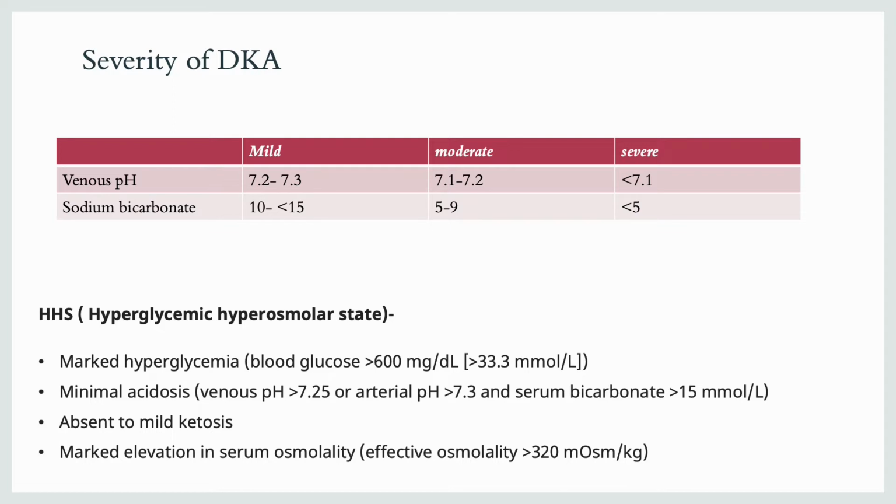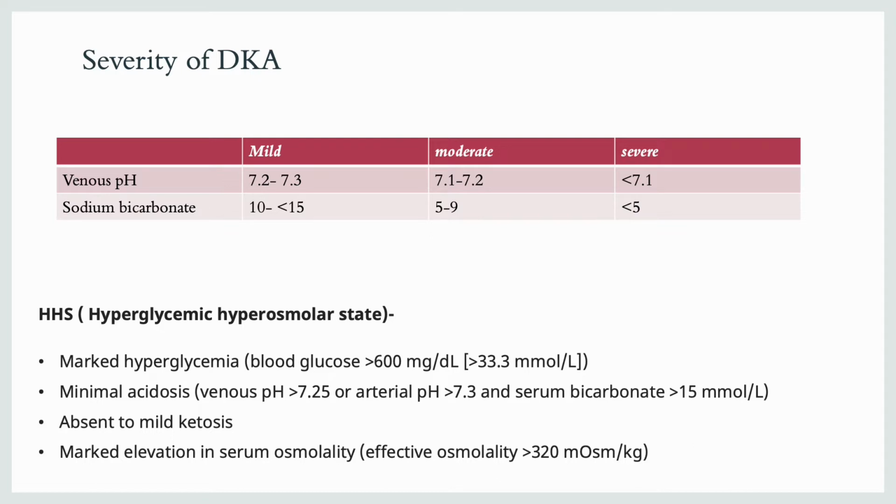So there is another entity just like DKA, which is called hyperglycemic hyperosmolar state. But there is a slight difference between DKA and hyperglycemic hyperosmolar state. These are the criteria for diagnosis of HHS. There will be marked hyperglycemia, more than 600 milligram per deciliter, but the acidosis will be minimal.